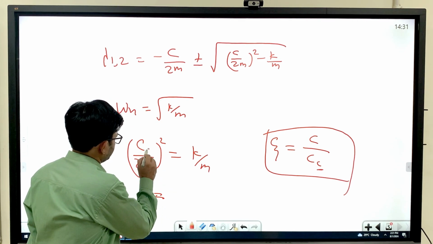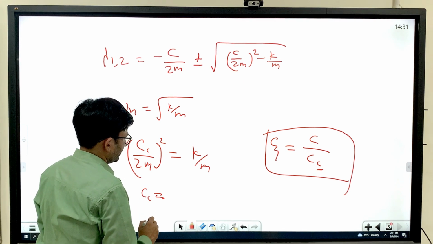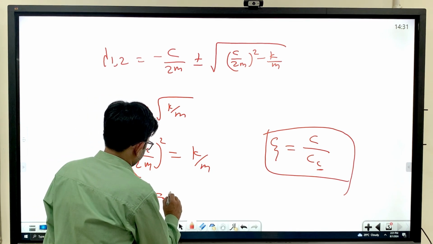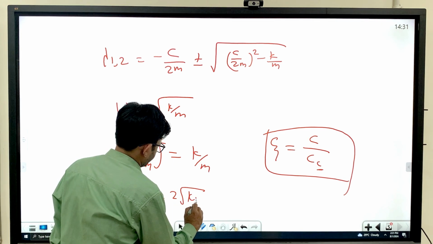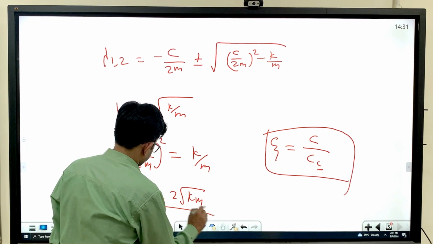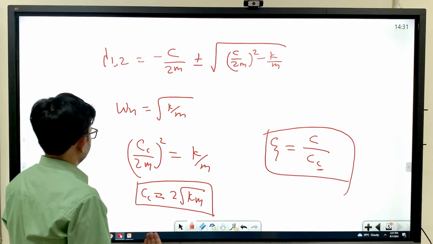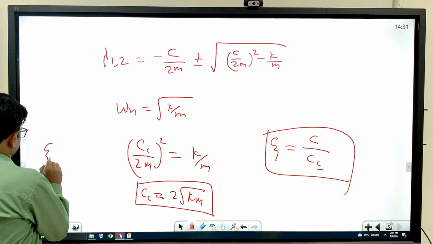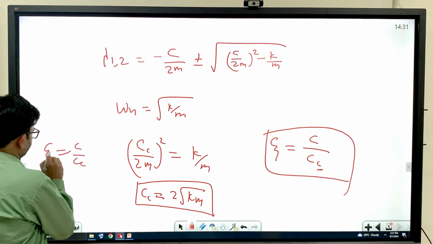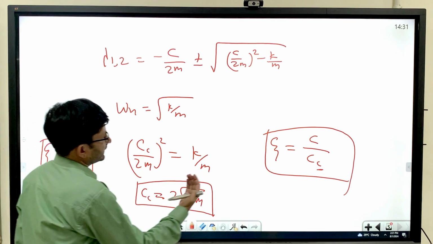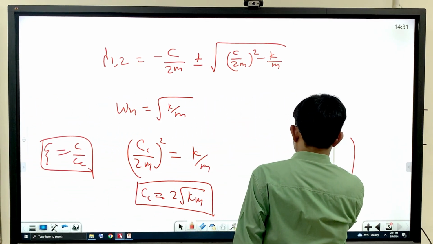You will say Cc, right? What is the value of Cc? Can you tell me? 2 under root km, right? So I can write zeta equal to c by Cc here, and I will erase this part so that I can write the rest.